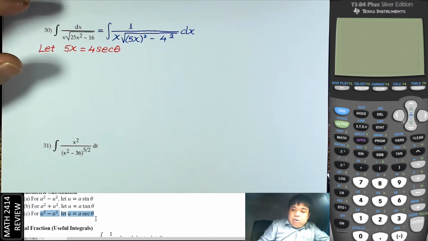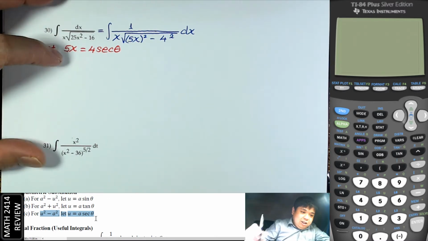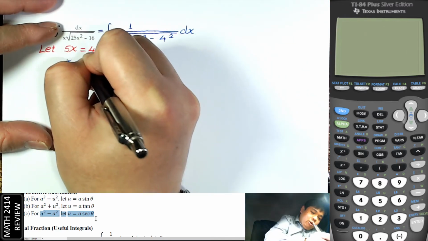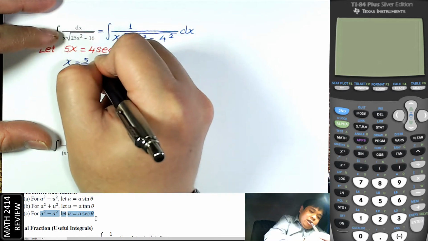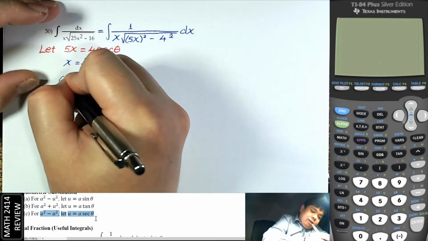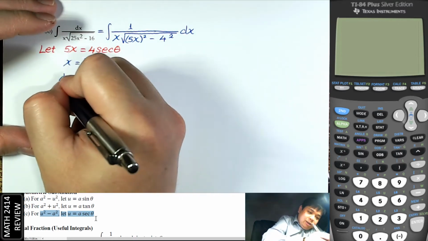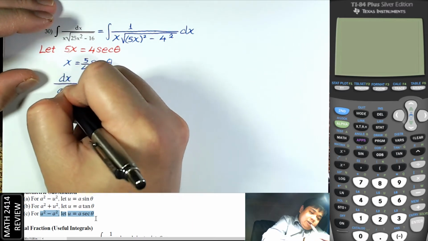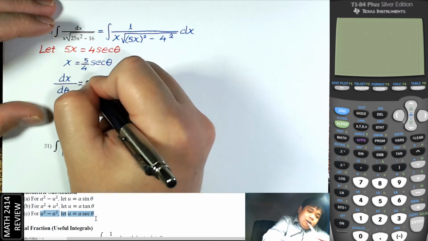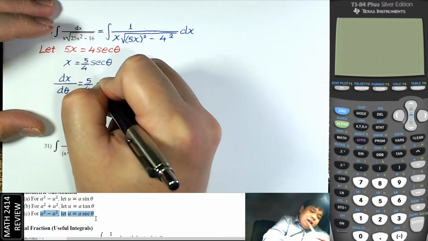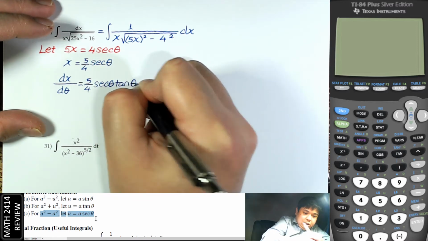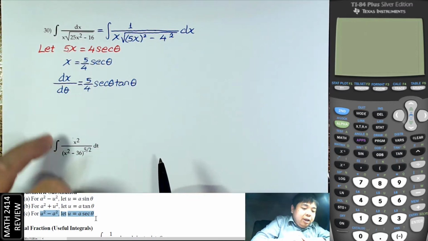Right, then we can take derivative here, or we can solve for x. So x is equal to 5 over 4 secant of theta, and derivative of secant is secant tangent. And move the d theta.